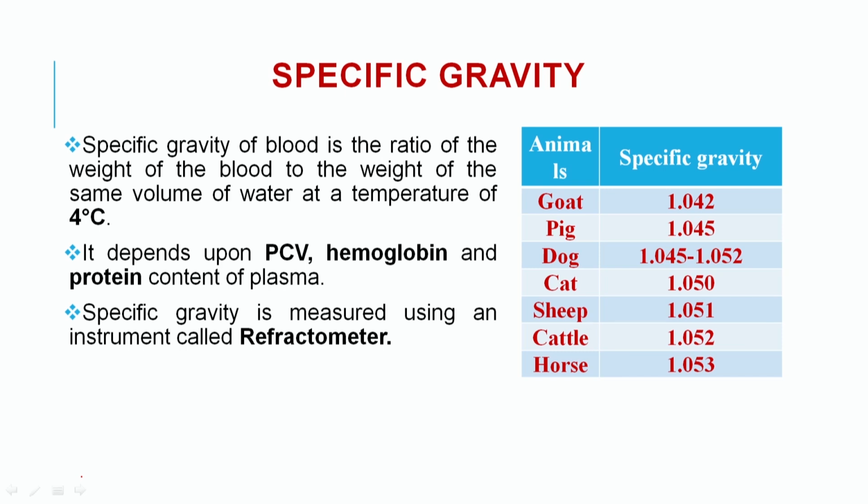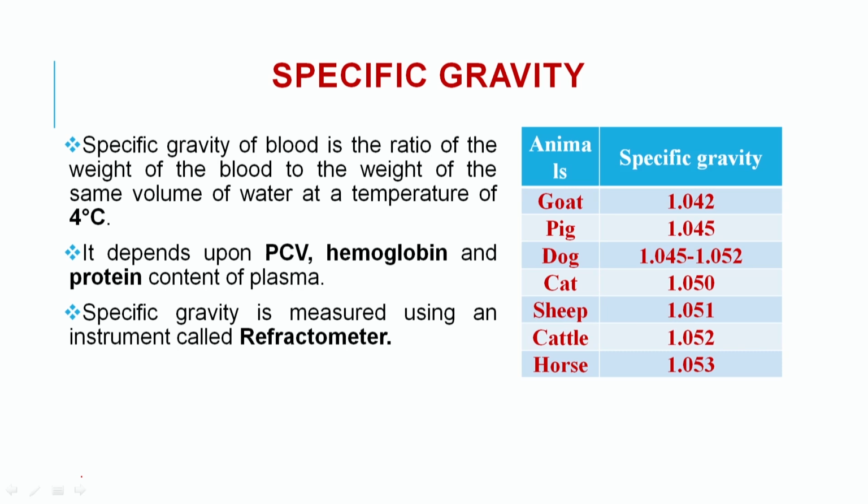Specific gravity of the blood is the ratio of the weight of the blood to the weight of the same volume of water at a temperature of 4 degrees centigrade. It depends upon the PCV and hemoglobin and protein content of the plasma. Specific gravity is measured using an instrument called a refractometer.